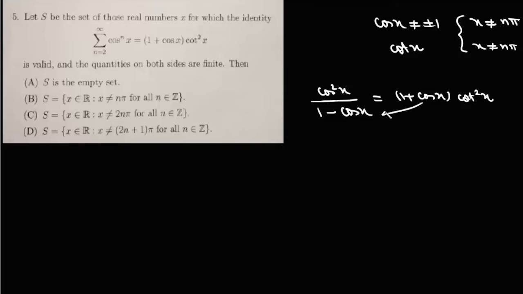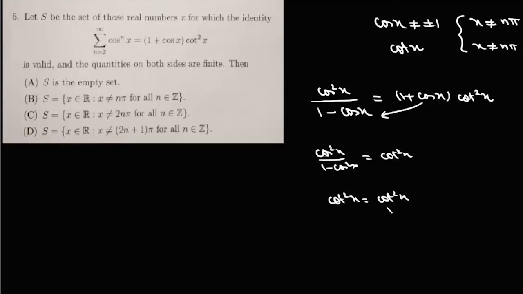Now we'll take this 1 plus cos x here. So now we can write this as cos square x upon 1 minus cos square x equals cot square x, or simply cos square x upon sin square x. So that means cot square x will be equal to cot square x, which is an identity.